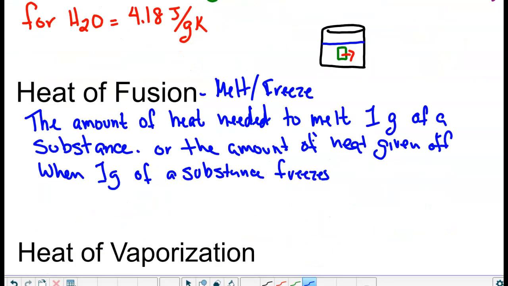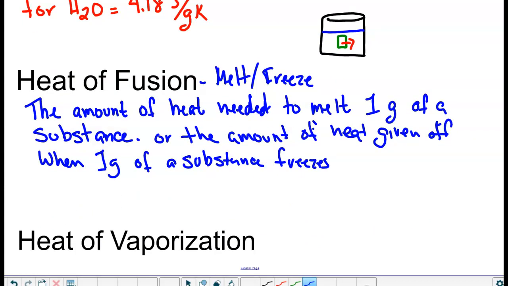So heat of fusion has the symbol H sub F, and it has a unit of joules per gram. So it's how many joules of energy it takes to melt 1 gram of the substance.